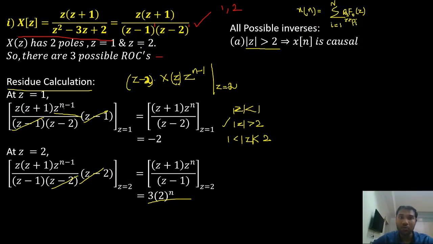We have 2 poles, 1 and 2. So capital N is equal to 2, so i is equal to 1 to 2. Now when i is equal to 1, it is the first residue, that is minus 2.